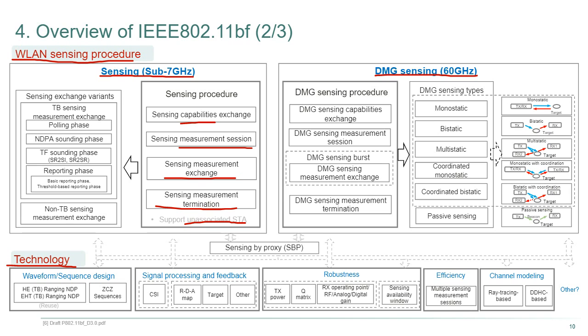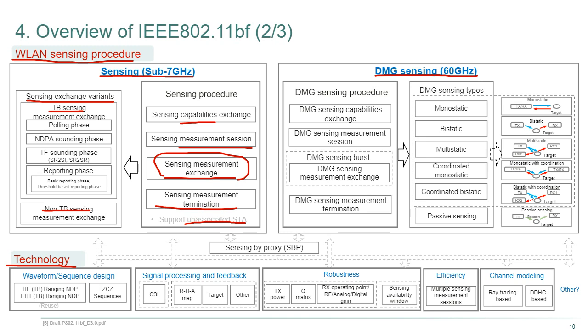And if we open the sensing measurement exchange, we have different sensing exchange variants. We have, for example, trigger-based sensing measurement exchange, and non-trigger-based sensing measurement exchange. Basically, the difference is who initiated the sensing procedure, the AP or the station.